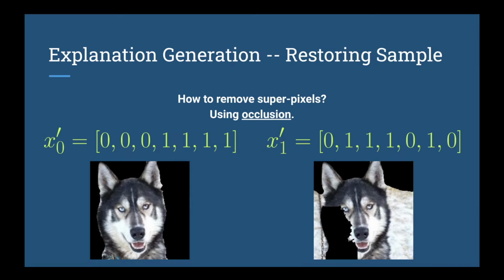Therefore, the easiest way to remove part of an image is to use an occlusion. So instead of having the original pixel values for part of the image, we replace it with a color, for example, black, which you can see here.